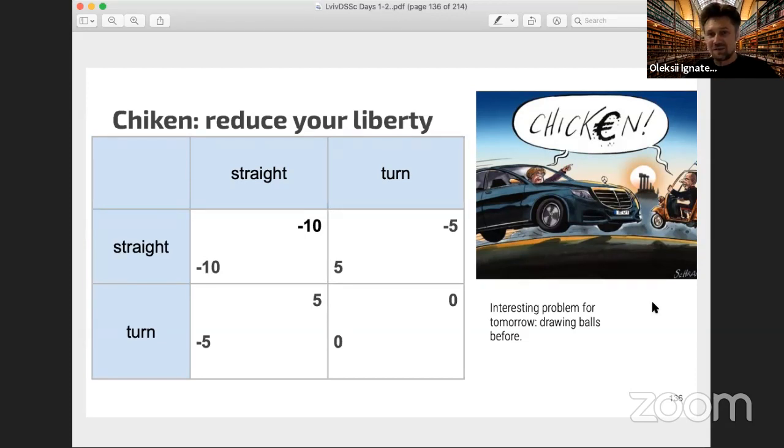So you remove your ability to turn, and after that the other player will turn, because he knows that you physically can't turn left or right. So this is a radical way to win the chicken game.